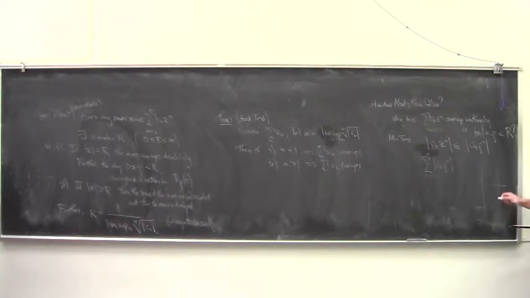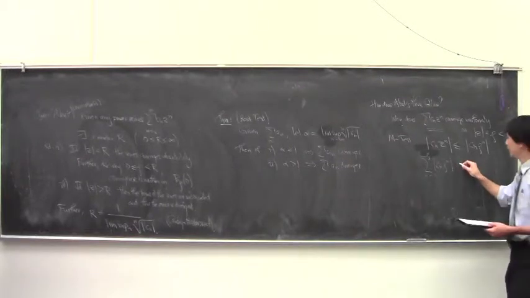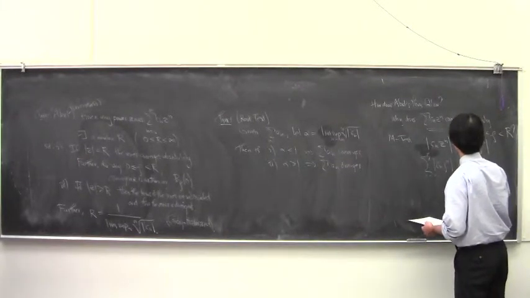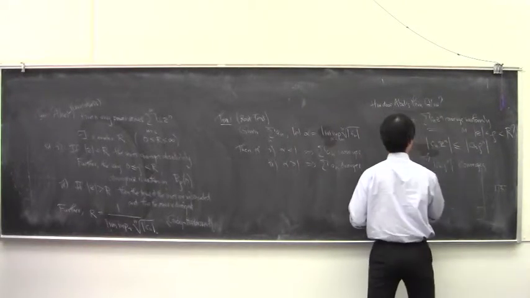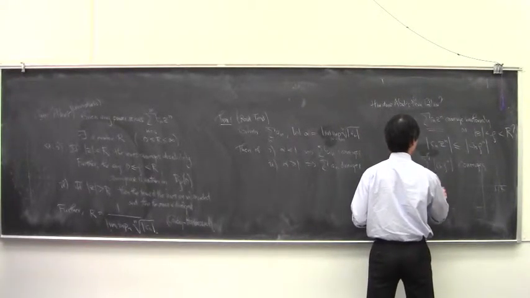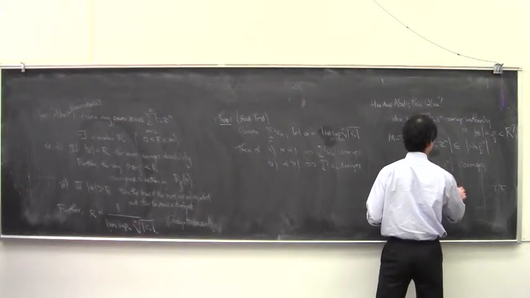Exactly. So this is R. Here's rho. Rho is inside this disk, and so you know that this converges. So these guys converge uniformly.